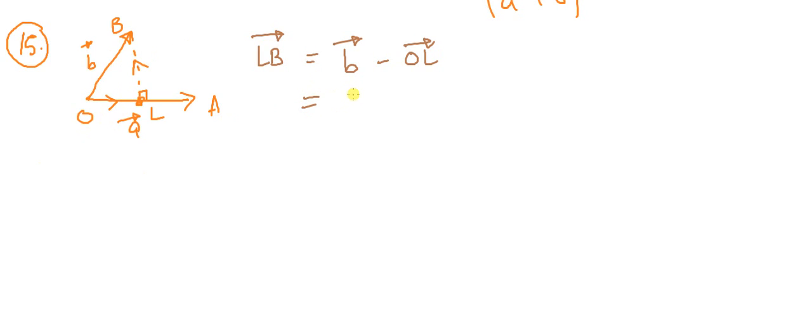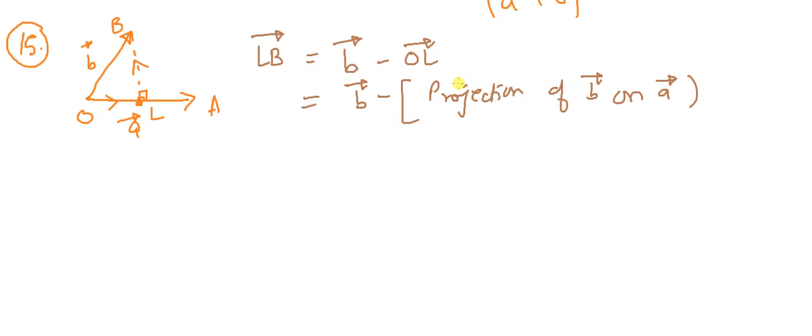So it will be equal to B vector minus the projection of B vector on A vector, taking its dot product with the direction, because here the direction is A vector. So we'll take a unit vector here, and solve it. This has come in AIEEE exam in previous years.